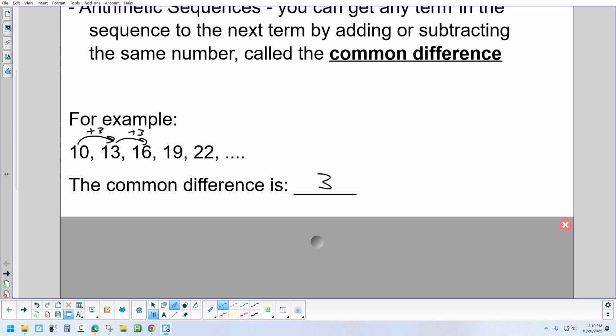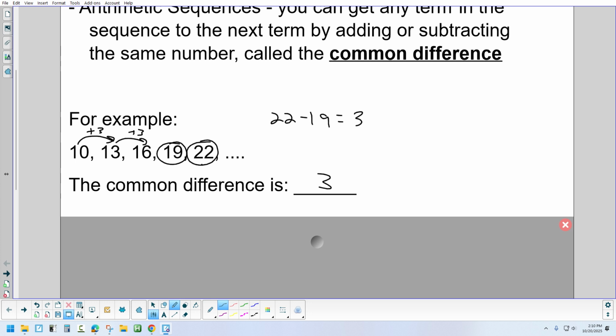Let's say you couldn't figure out that it was 3. If you had trouble, let's take 22 and subtract the one that came before it, 19. What's 22 take away 19? 3.